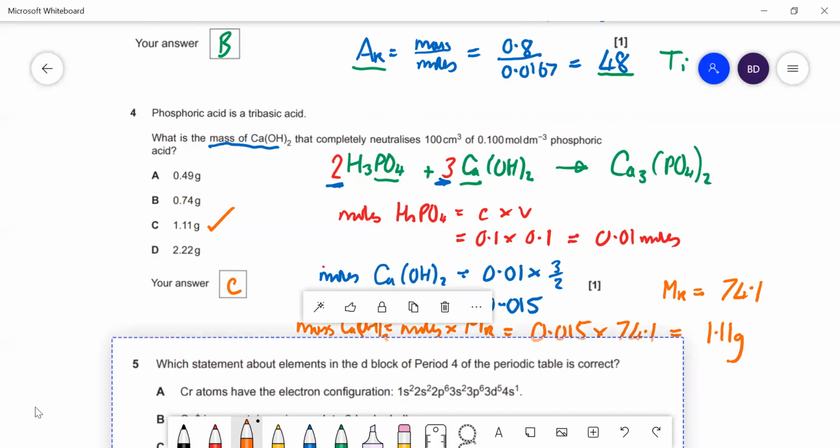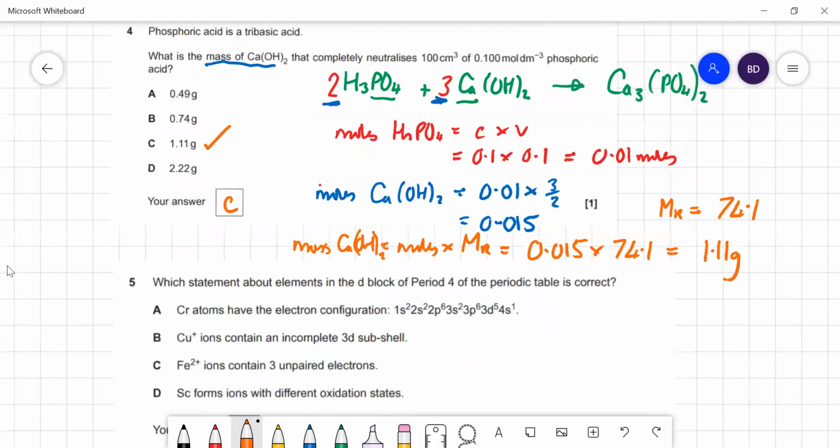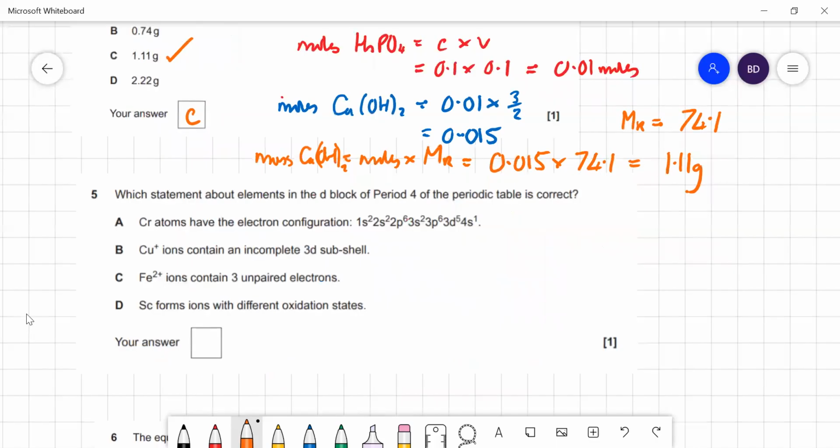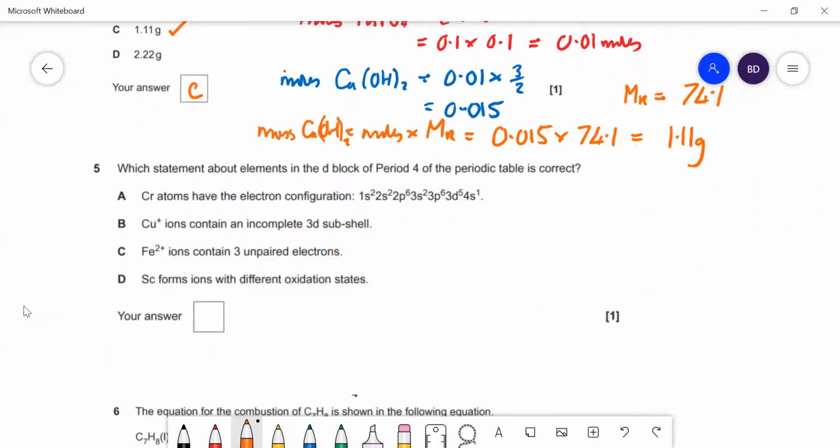Okay, number 5, which statement about elements in the D block is correct? Chromium. If you just write the elements out, we've got potassium in period 4, potassium, calcium, scandium, titanium, vanadium, chromium.